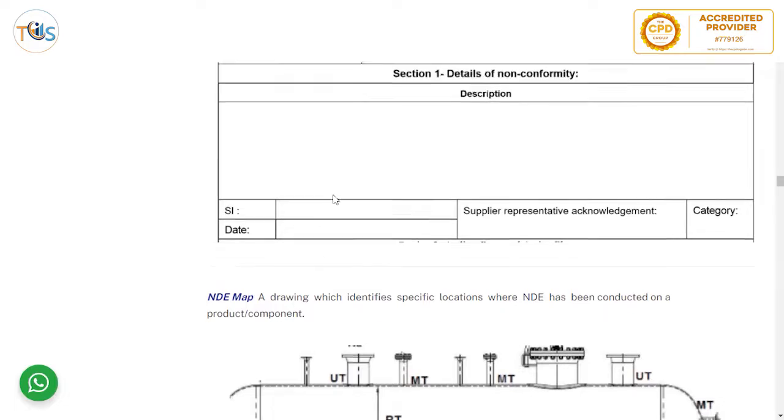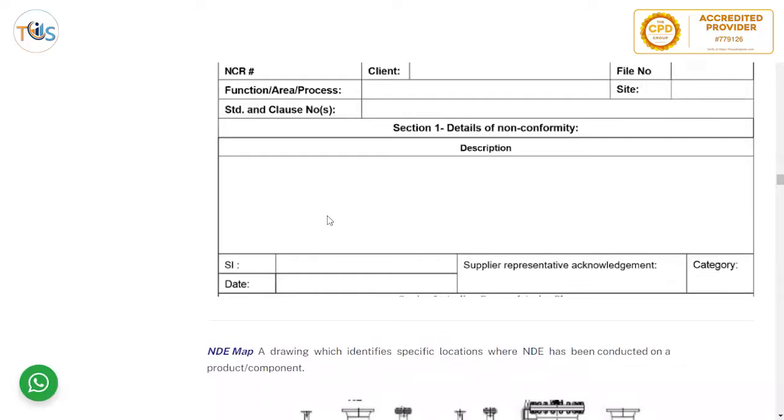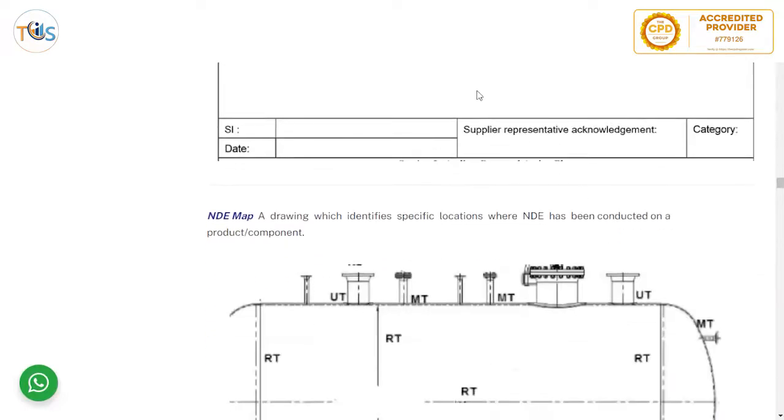And then once the inspector verifies through, say, witnessing a test or the documented evidence, he would sign it off as closed on behalf of the purchaser or client. And the evidence normally is attached to the NCR or the record, and this goes to the manufacturer record book.